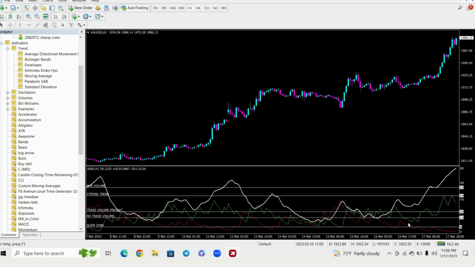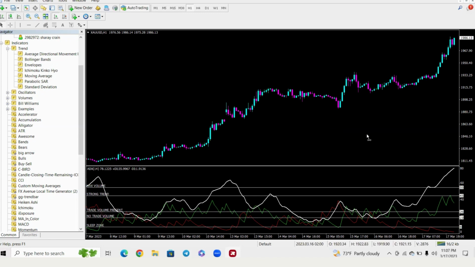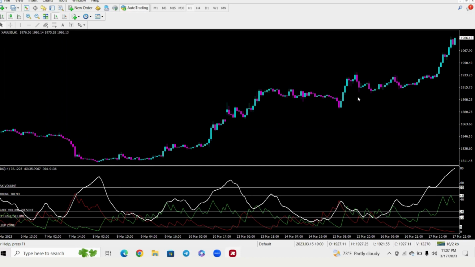And then no trade volume at 19. Anything under 19 will be considered our sleep zone. I say sleep zone because that means the market is not moving at all, it's literally just asleep. When you sleep, you're not moving.